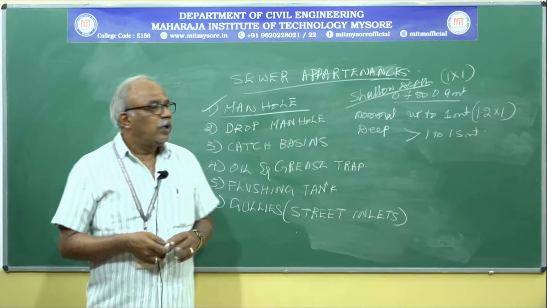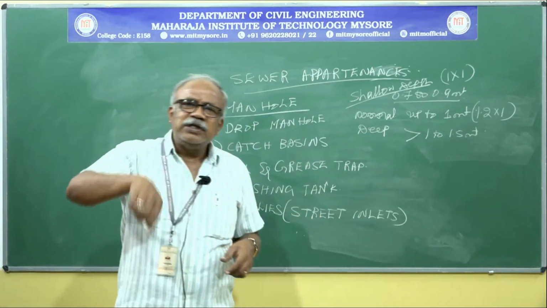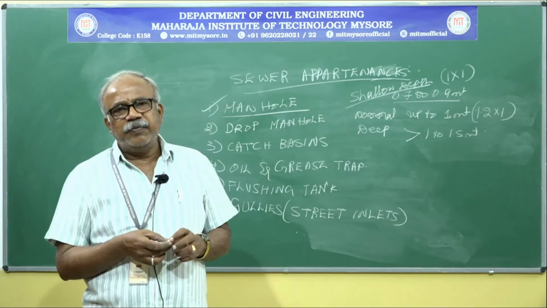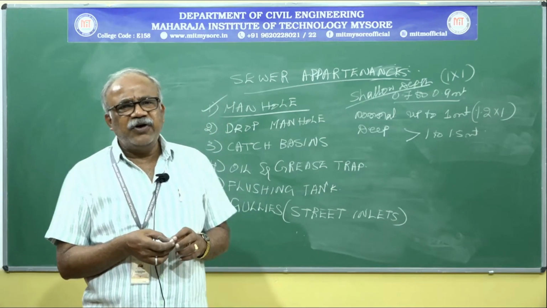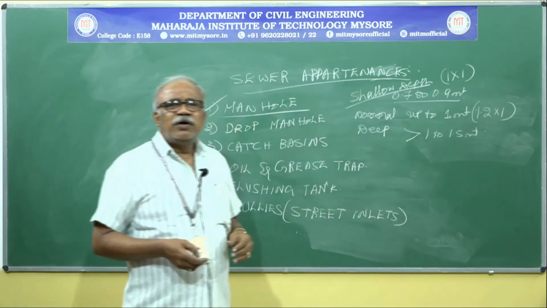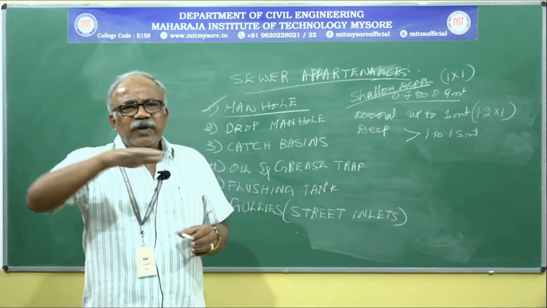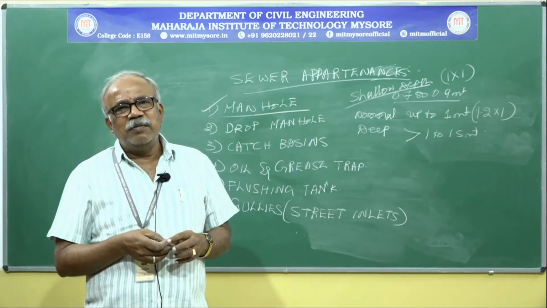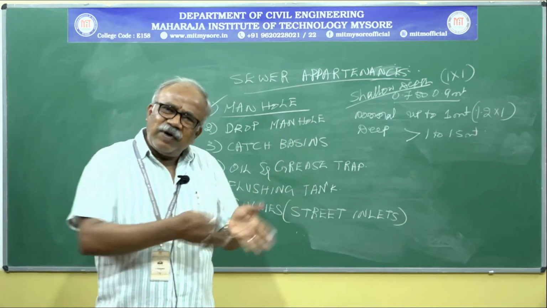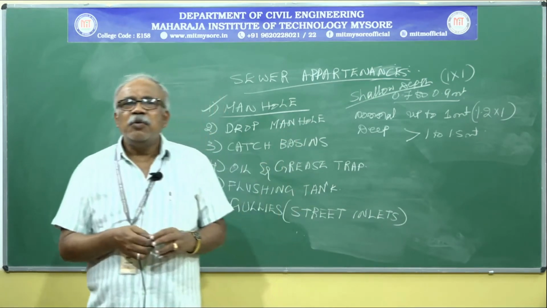But the deep manhole is normally circular in nature. Is it right? In these shallow depth manholes, a heavy CI cover is not provided because they are constructed only for the branch sewers. No heavy vehicles will move on them.